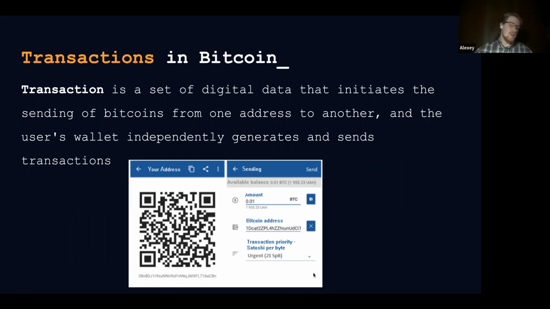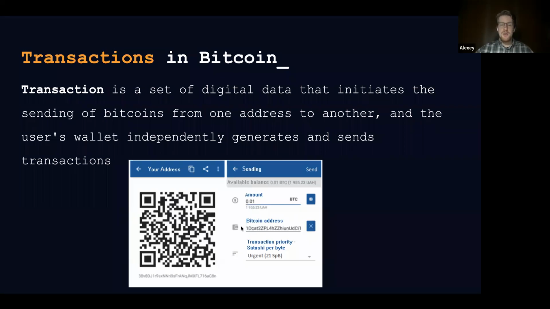And here on the slide, we have cropped screenshots of a mobile wallet, which demonstrates the QR code of the account address and the dialog window for sending the transaction. The amount here is 0.01 Bitcoins.